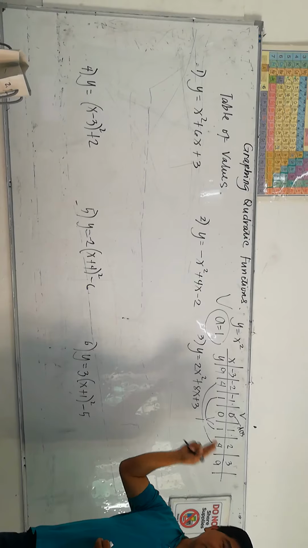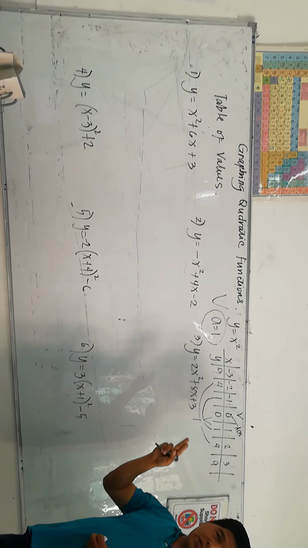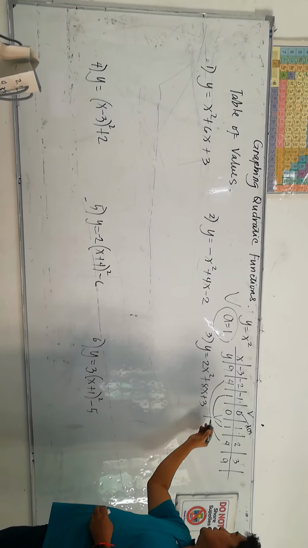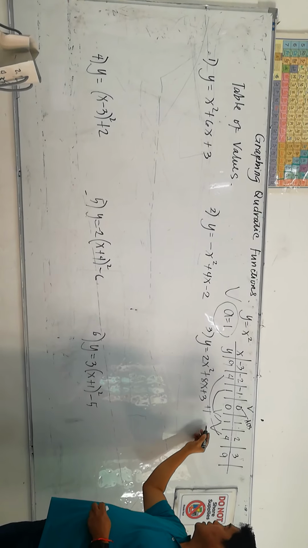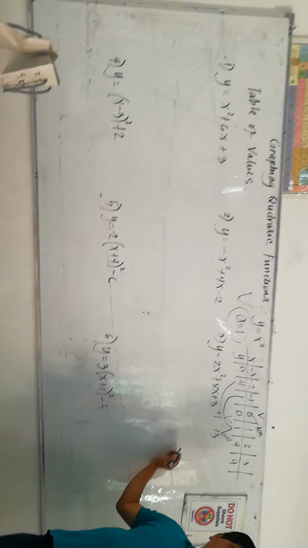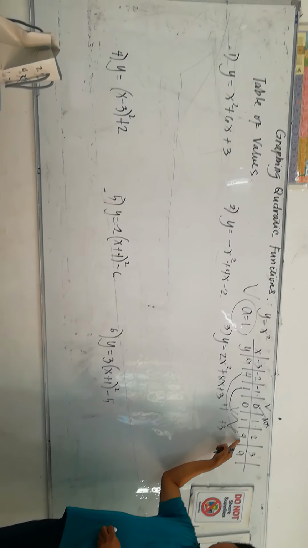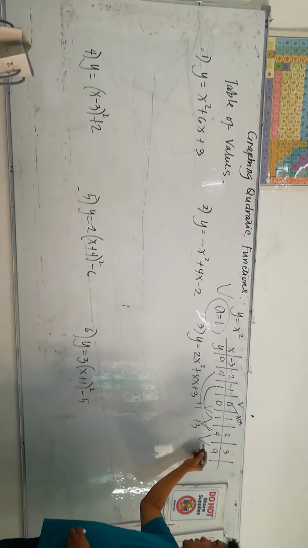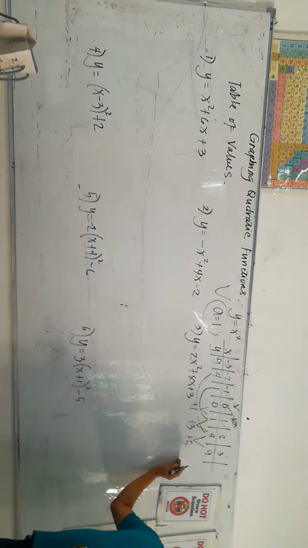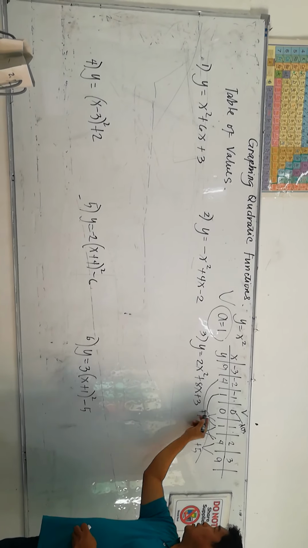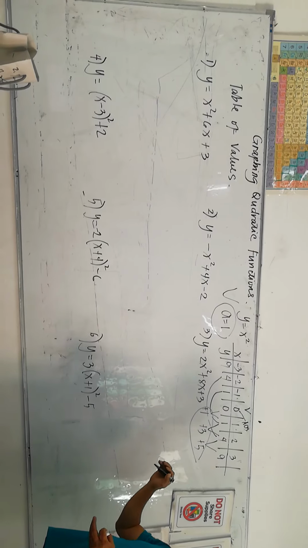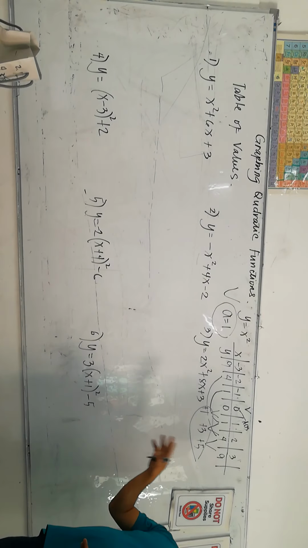Always remember that that is only if A is equal to 1. Next is plus 1: 0 plus 1 is equal to 1. 1 plus 3 is now equal to 4. Next is plus 5: 4 plus 5 equal to 9. We will use these values to find a table of values for each function.